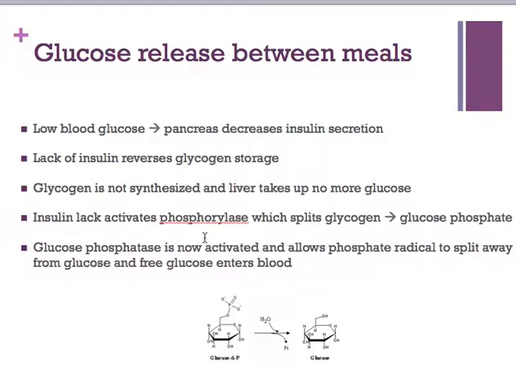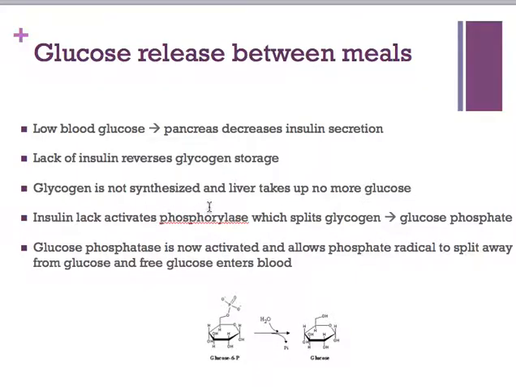Finally, glucose release between meals. This is something that is under the control of glycogen. When we have fasting states, insulin helps to reverse glycogen storage. Glycogen isn't synthesized. The liver takes up no more glucose.